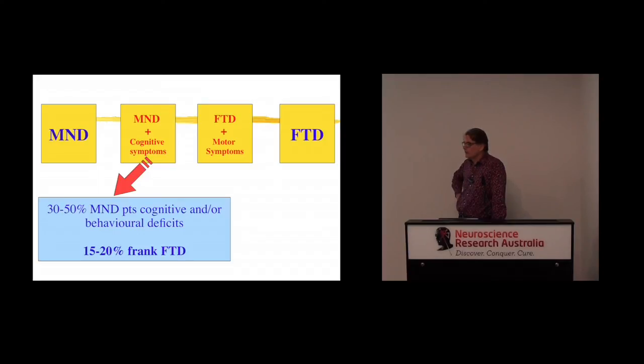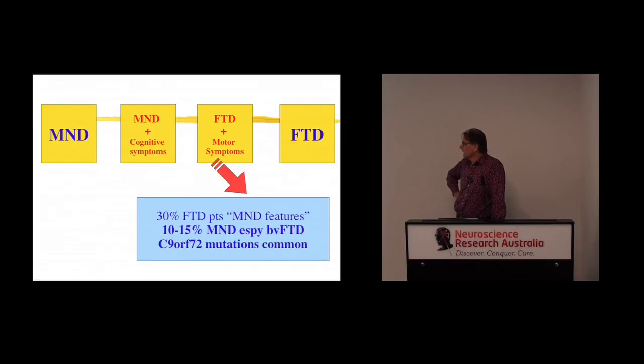But a much higher proportion, getting up to a half of people with MND, have subtle changes in cognition and behaviour, judgment, motivation, emotional problems. And on the other side of the coin, of patients presenting with FTD that develop motor problems, a proportion have both FTD and frank MND, but we found through some research here that a much higher proportion have subtle features of motor neuron disease. So there's considerable overlap, and I've mentioned this mutation.